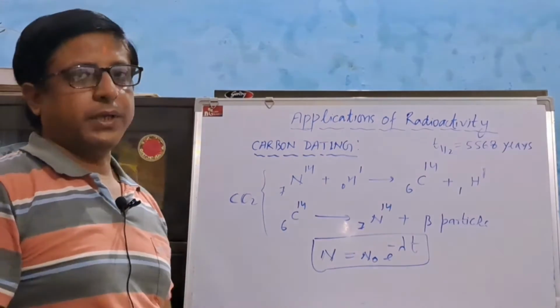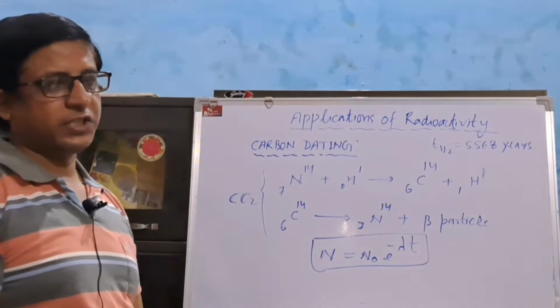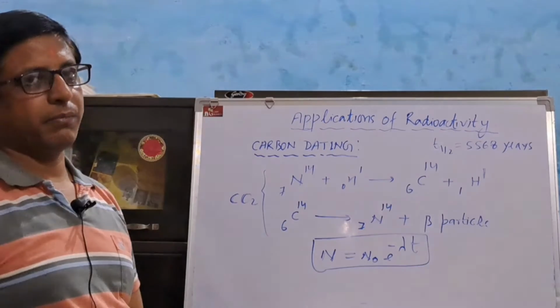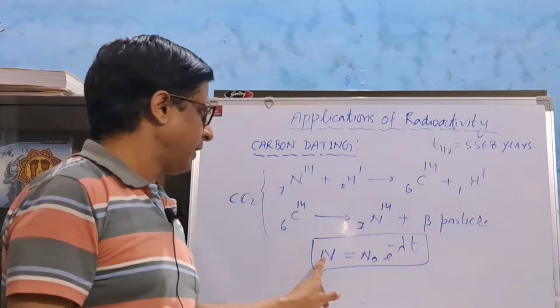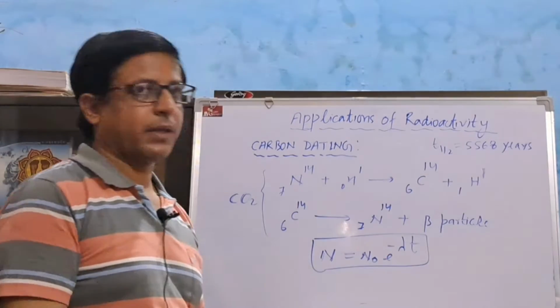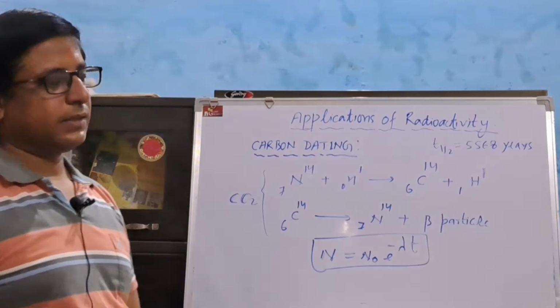Here n0 is the decay rate in disintegrations per minute per gram when the plant or animal was alive, and n is the decay rate after t years.